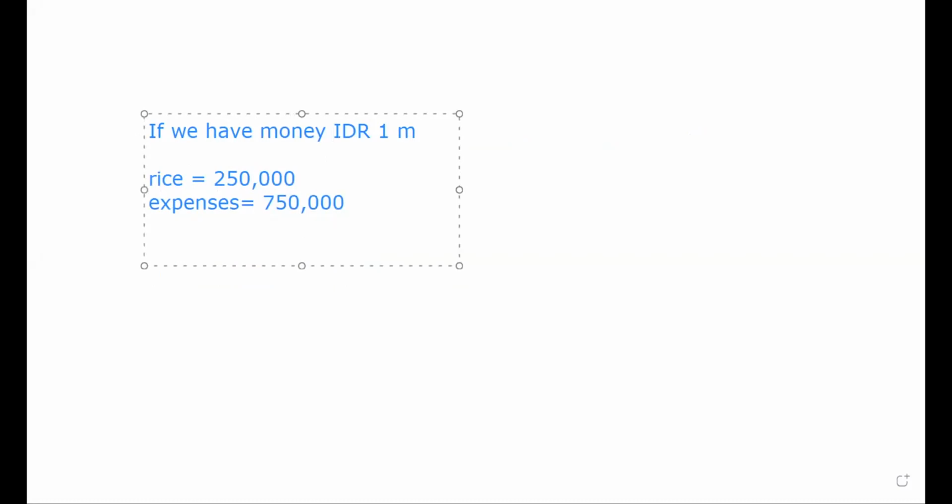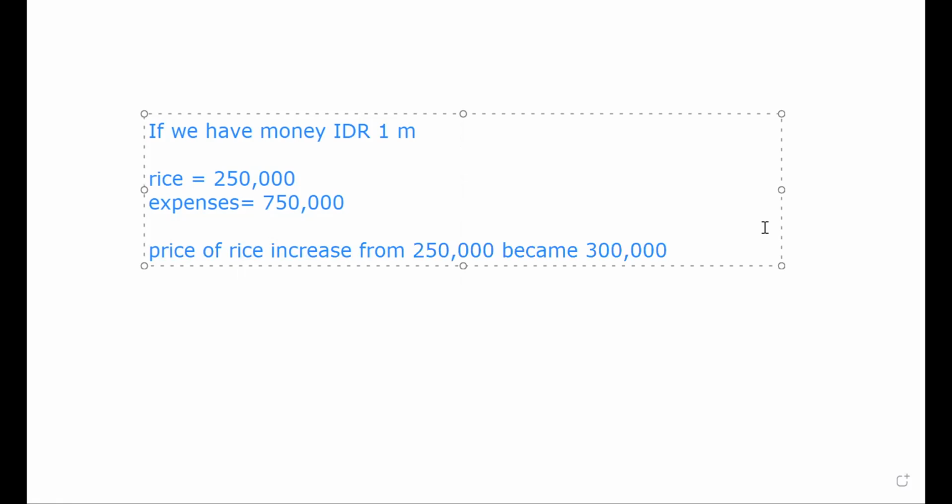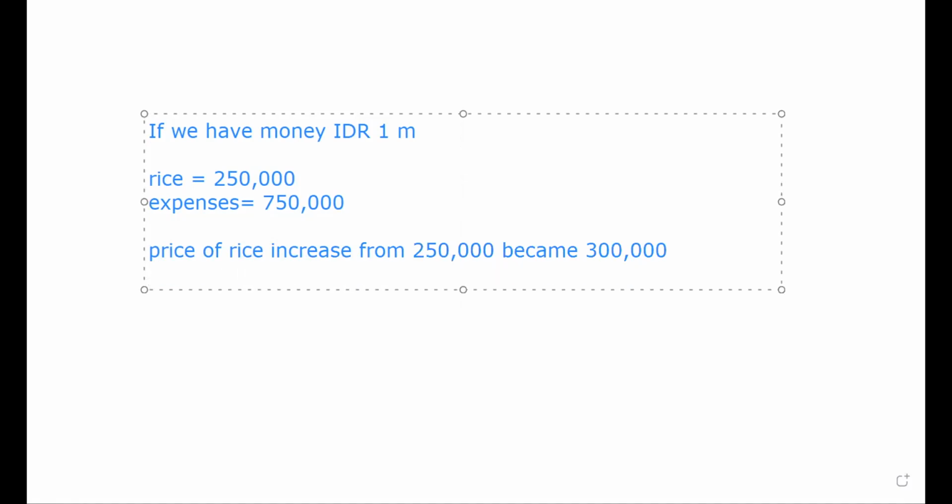And then the price of rice increases from 250,000 to 300,000, for example. So now you have limited money. This means we only have 700,000 for other expenses.